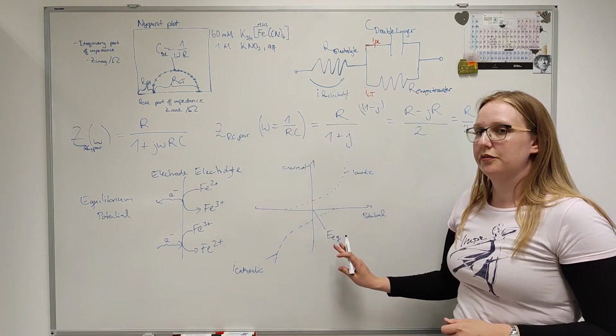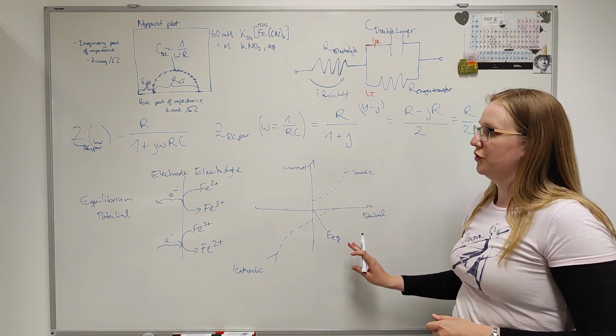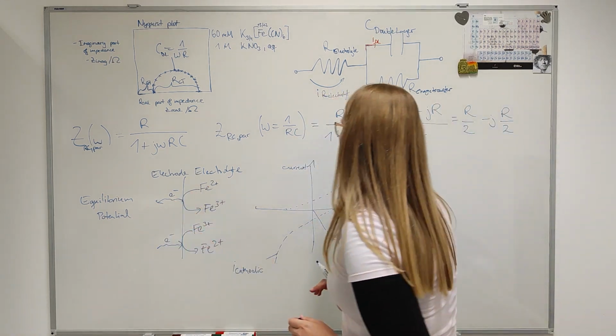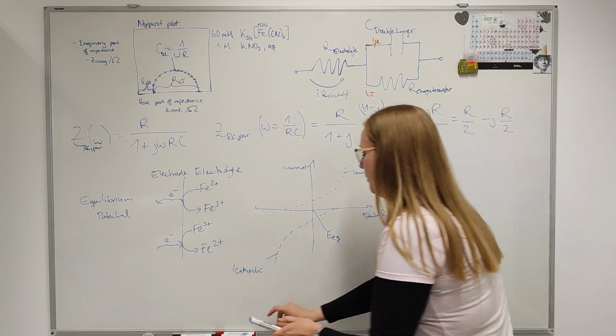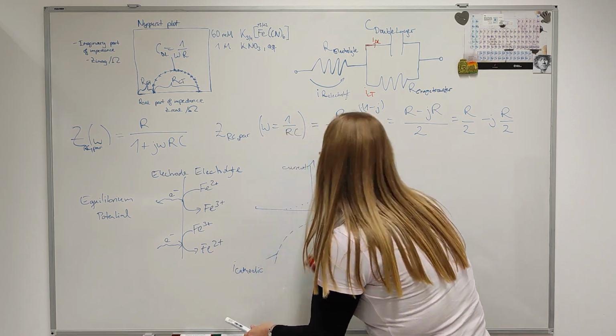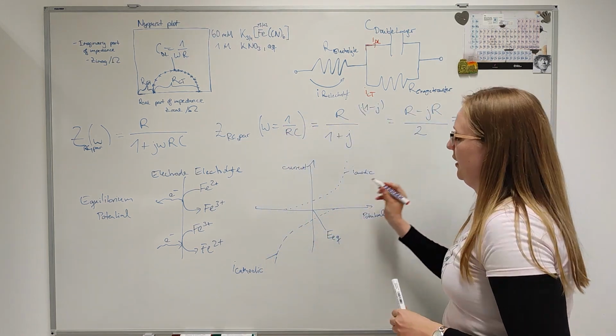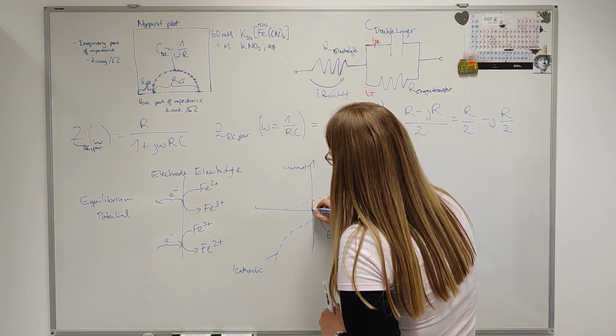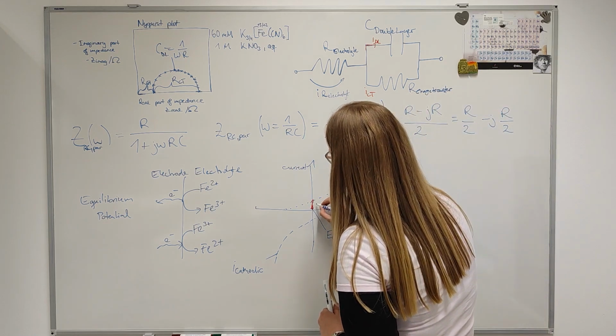And now I can also see what equilibrium potential and this electrochemical equilibrium here means, because I see that at this potential the anodic and the cathodic current cancel out, so they have the same absolute value.